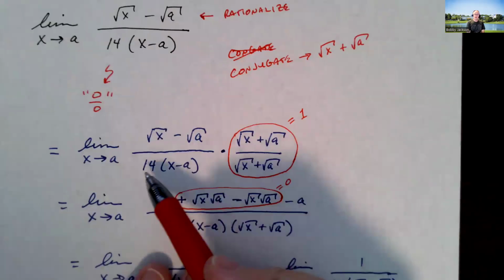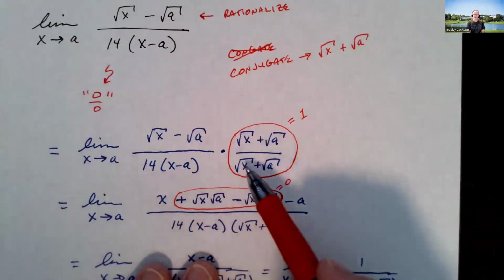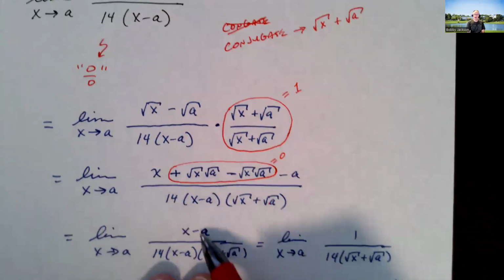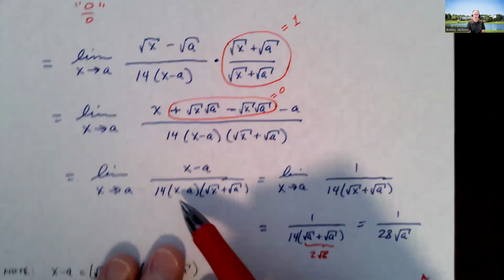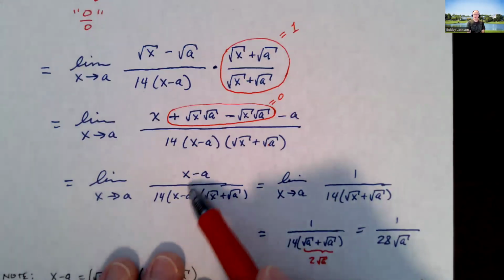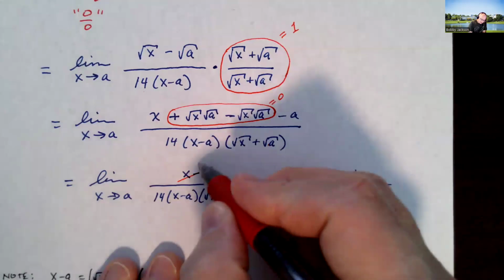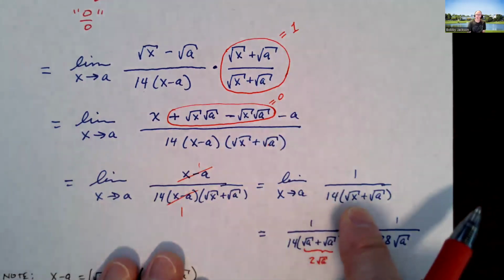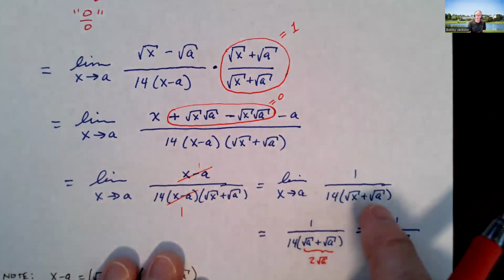Now on the bottom, I do have to multiply these two things times this, so I'll make sure that that's in parentheses, right? The square root of x plus a. Top is just x minus a now, right? After that goes away. And so I can divide top and bottom by this common factor of x minus a. And what am I left with? Just 1 over 14 times the quantity square root of x plus square root of a.